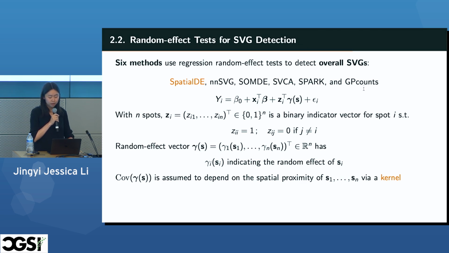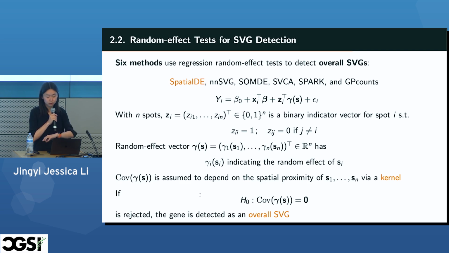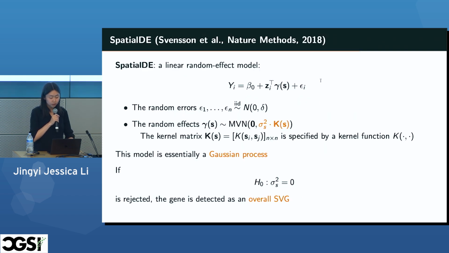Then all these methods use a kernel. How do they do it? So basically, they would formulate this covariance matrix of this n-dimensional gamma, an n by n matrix, by assuming it to be some scalar multiplied by a pre-specified kernel. And all these six methods detect overall SVGs. So let me use SpatialDE as one example.